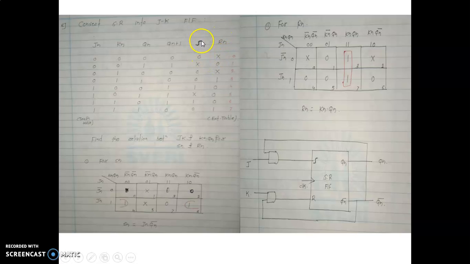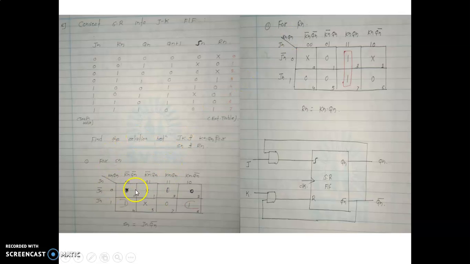First we draw the K-map for Sn and then the K-map for Rn. While drawing the K-map we consider the cell numbers from 0 to 7 because 3 input variables are present. Depending on the cell numbers we draw the K-map for Sn and the K-map for Rn.